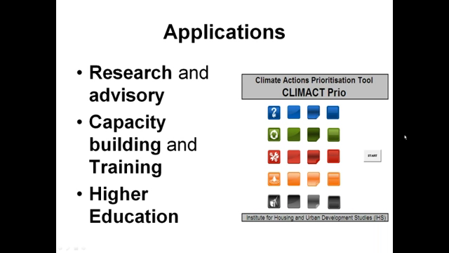We have used this tool widely to train and provide capacity building to local governments, professionals, urban planners, and so on. Since we're an academic institute and we provide also educational services, we also use this tool a lot for exercises within our educational programs.